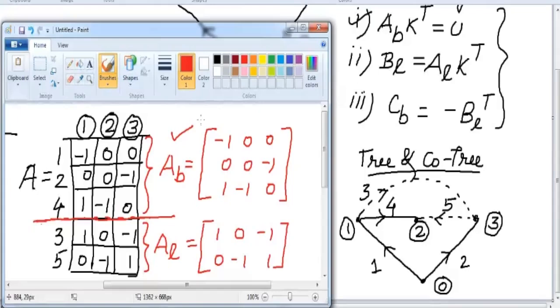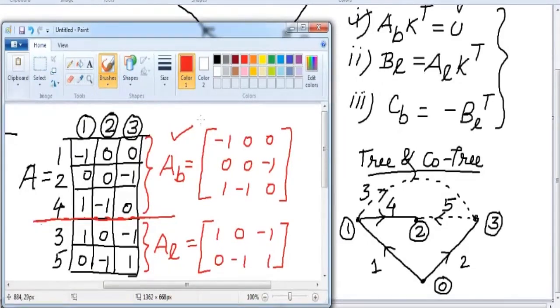In order to draw this branch path incidence matrix, we have to draw the graph once again. When we draw the graph, we have to draw only the branches, right? Okay, so is it clear, everyone? For proving the first identity, we require AB and K transpose. Out of these, we have already obtained AB.